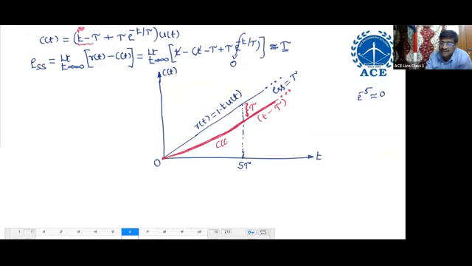This is called c of t. So this is the output. This is the input. Like this, you have to draw the response for unit ramp input. This is the ramp response.